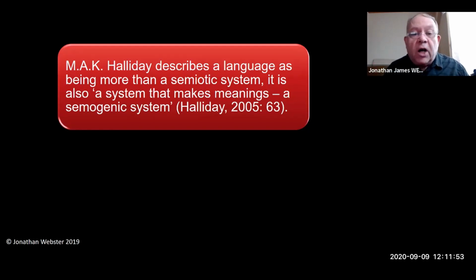Yellow, caution. But what makes language different? It is a system that makes meaning. How do you make meaning? By making choices. What you can say, as opposed to what you're not going to say, how you're not going to say it. That's a choice. That is making meaning.